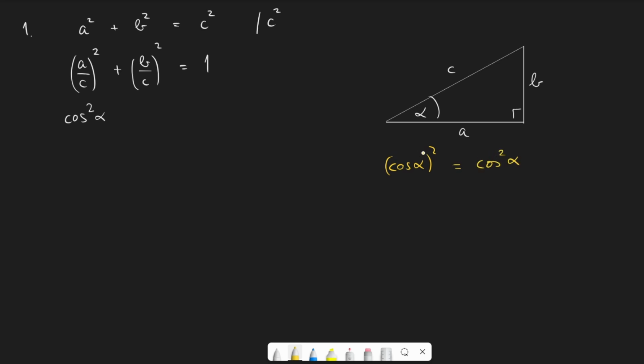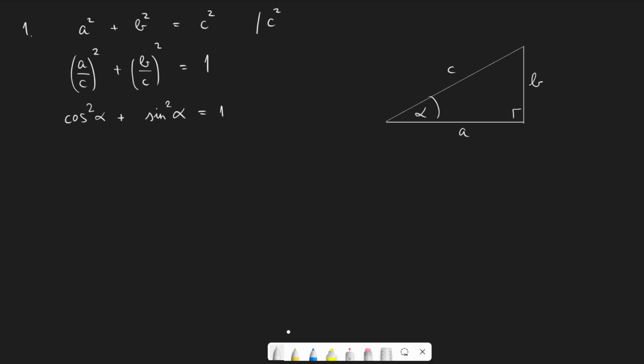So the exponent can be written here, and also for sine as well. So in the following we will use this notation. And so b over c is the opposite side of alpha over the hypotenuse, which is the sine of alpha, and this is to the power of 2, so we can write sine squared alpha, and this is 1.